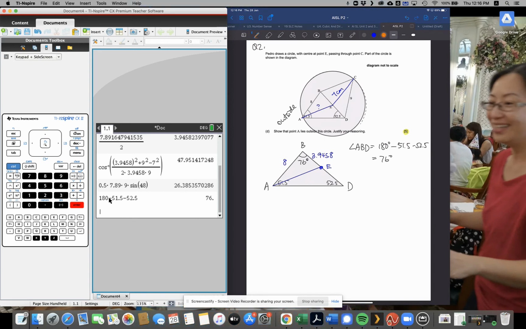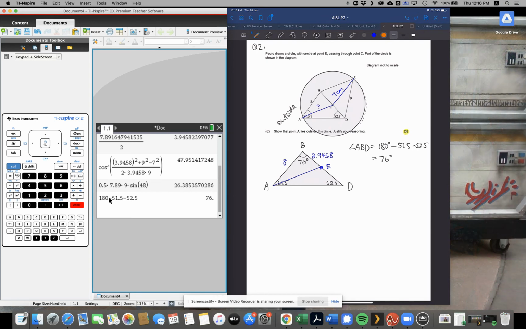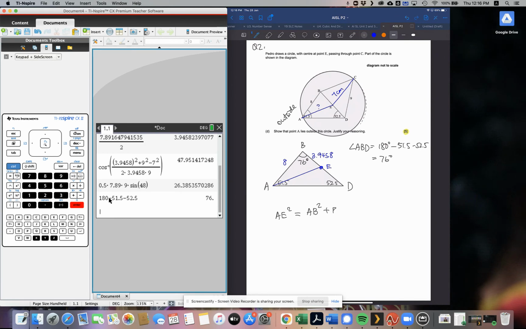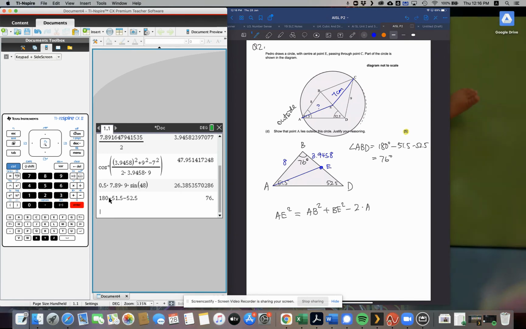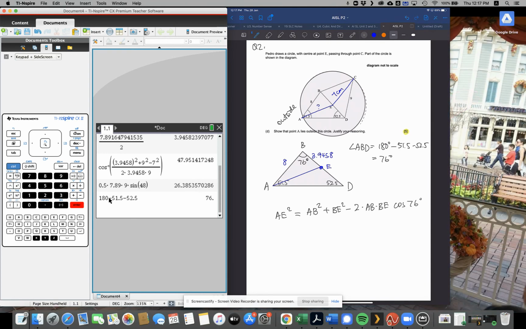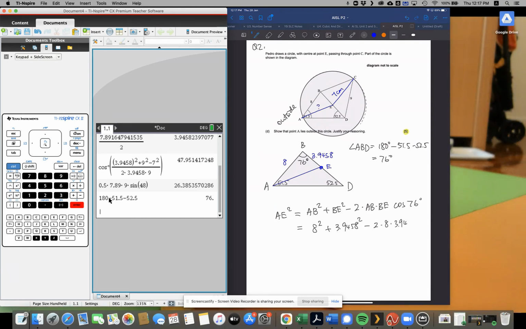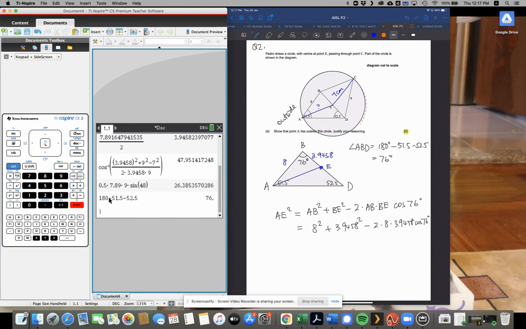We have the angle. What can we use? We need to use cosine rule. So AE squared must be equal to AB squared plus BE squared minus 2 of AB BE cos of the angle. So now you do the substitution. 8 squared plus 3.9458 squared, minus 2 times 8 times 3.9458 cos 76.